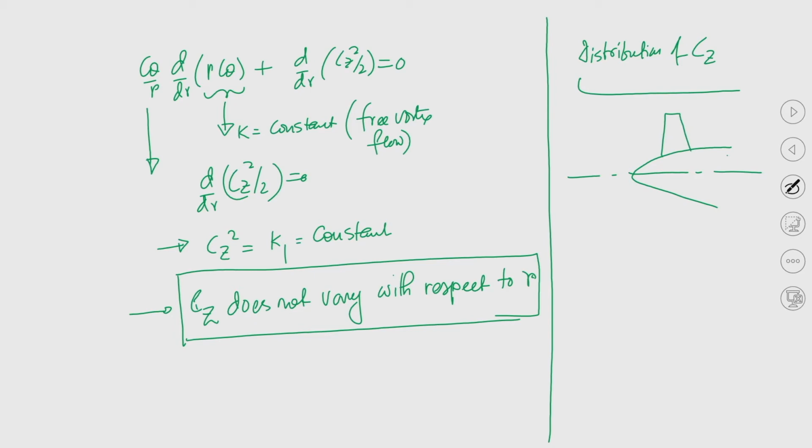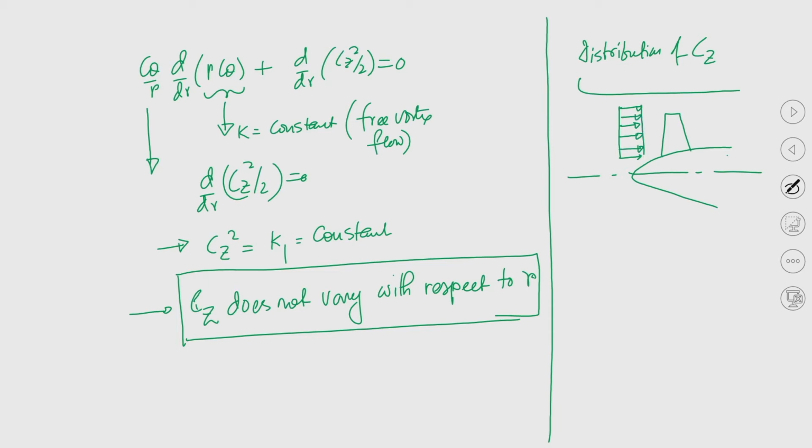Then if we take at least two different sections, here C z does not vary, so this is C z.